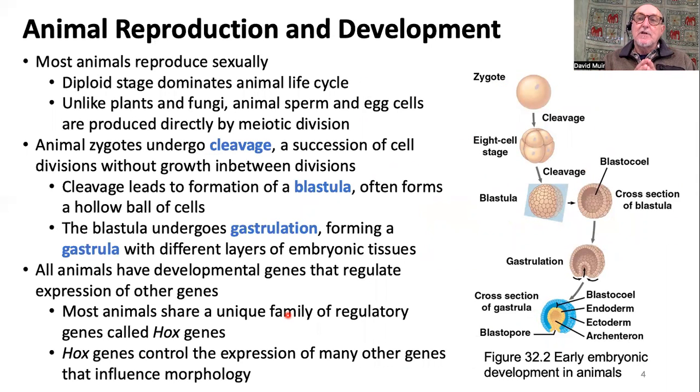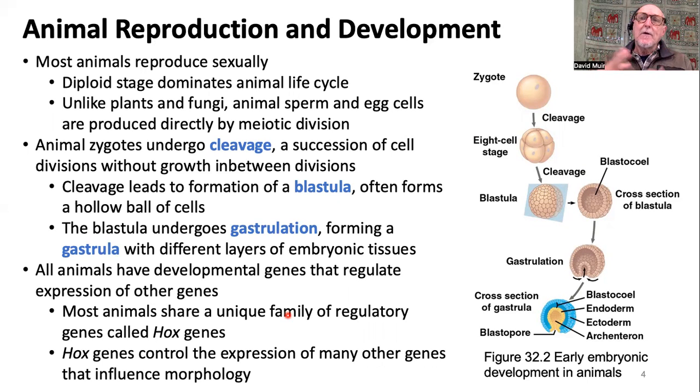Another distinguishing feature of the animals is that our predominant means of reproduction is sexual. There are animals that have asexual reproduction, that is true, but all animals have a sexual reproductive stage, which is of particular importance. And a reflection of that is the fact that the diploid stage dominates the animal life cycle.